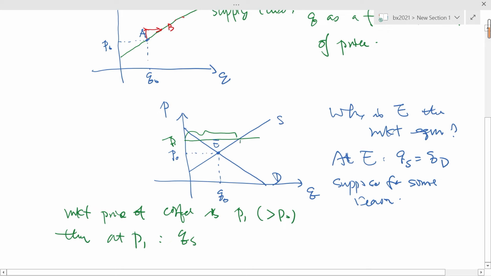So this is QS. It's bigger than the quantity of demand, where we go from the price to the demand curve. So this is QD. That means there is excess supply.